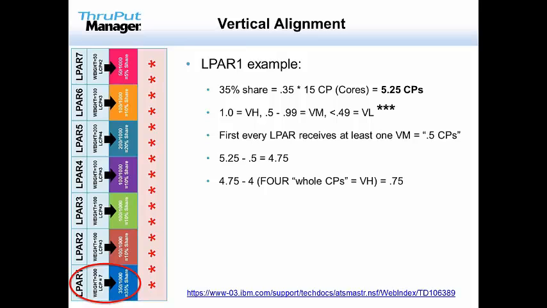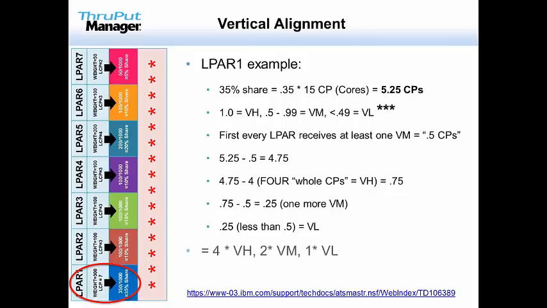So far I've got 1 medium, 4 vertical highs. Out of that 0.75, I've got another 0.5 I can get out of that. That's another vertical medium. So now I've got 2 vertical mediums. Finally, I've got 0.25 left. That will be a vertical low, and this will be my total: 4 vertical highs, 2 vertical mediums, 1 vertical low.